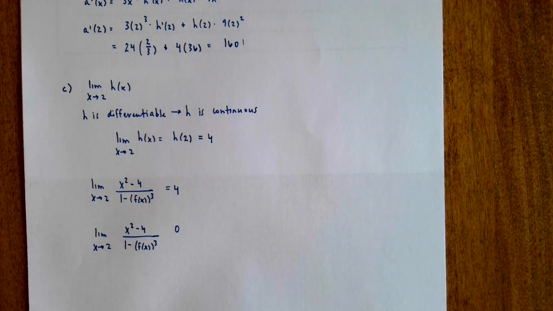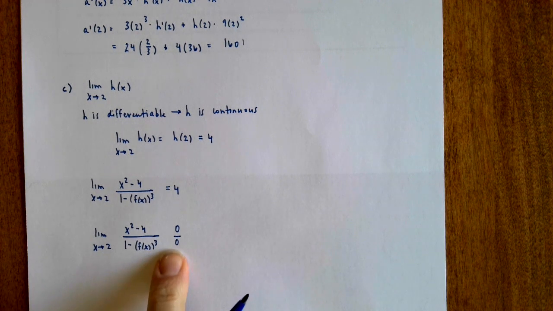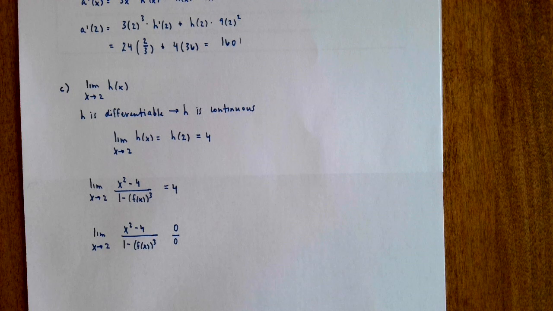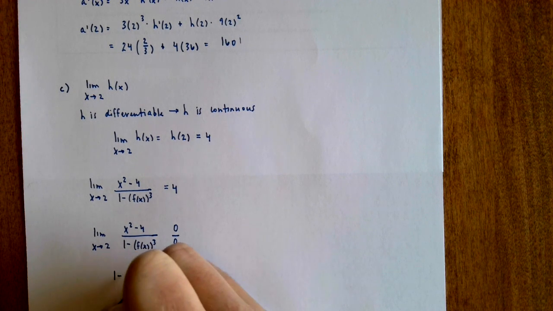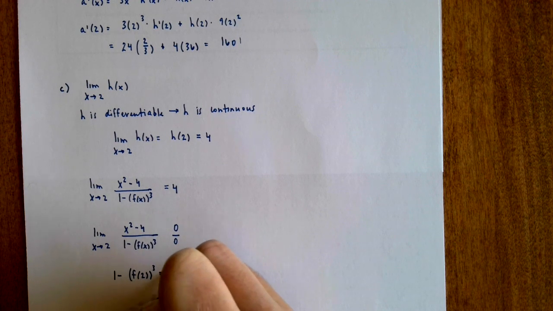Now, in order to be able to use L'Hopital's rule, that must mean I'm in an indeterminate form, which means my denominator must also be equal to 0 when I sub in 2. So here's what we have to do. We're going to set up an equation here. We're going to say 1 minus f of 2 cubed is equal to 0.